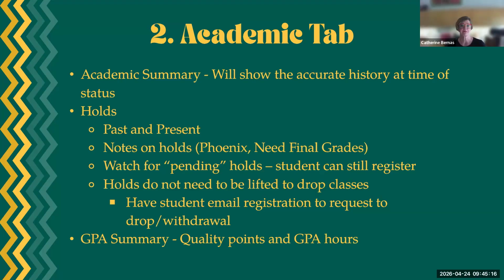If a student's been on probation multiple terms, I'm going to be looking for that P1, P2, AE. I'm going to be looking for certain statuses in the academic tab. I'm going to talk a little bit more about those later. And it will give me a full picture of where the student is.